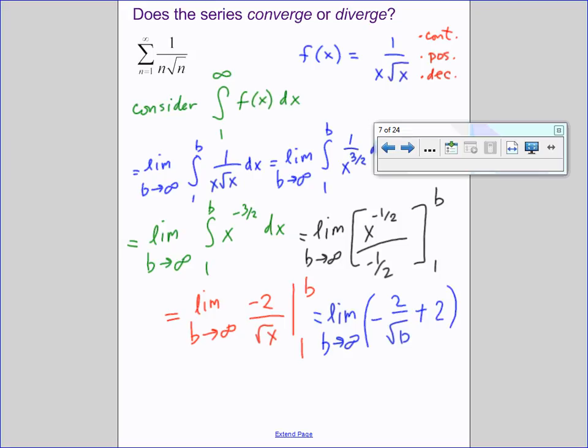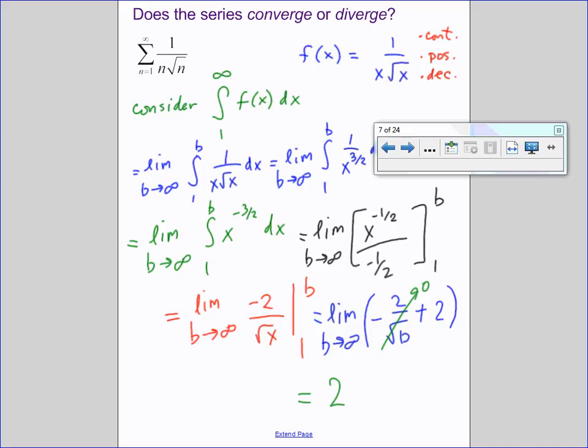As b goes to infinity, what happens to this expression? Goes to 0, leaving you with 2, and the limit as b goes to infinity of a constant is the constant itself. And so this equals what? 2. 2 is a finite value, ensuring that the integral converges.